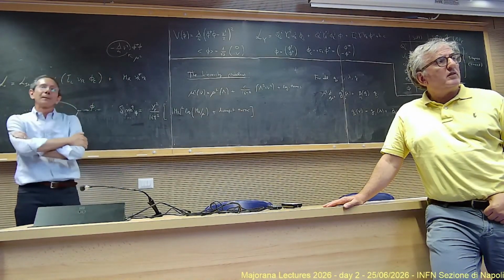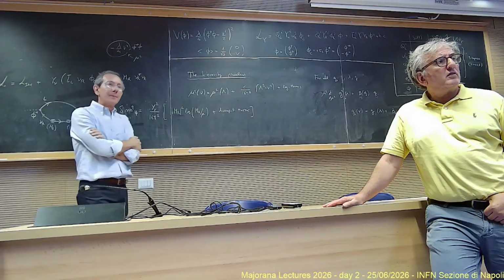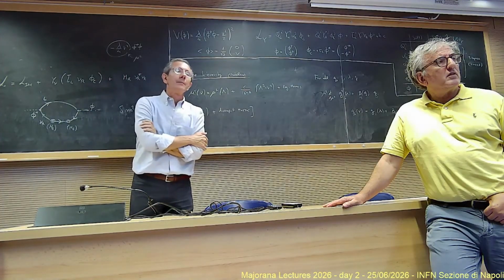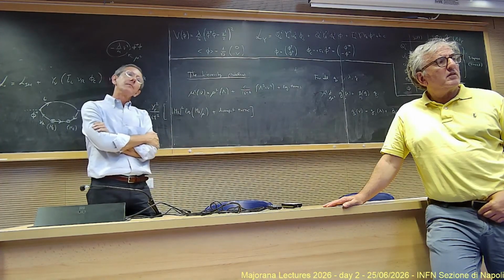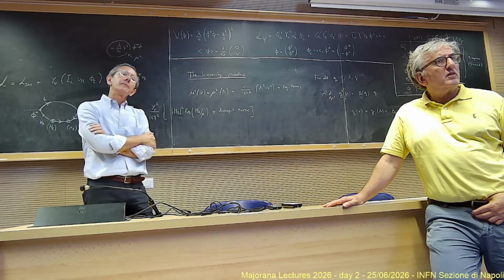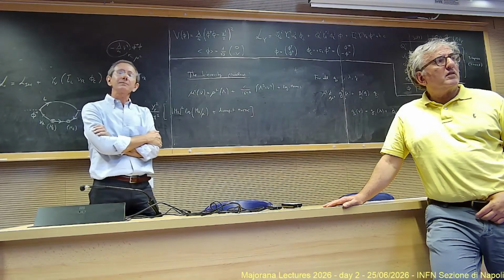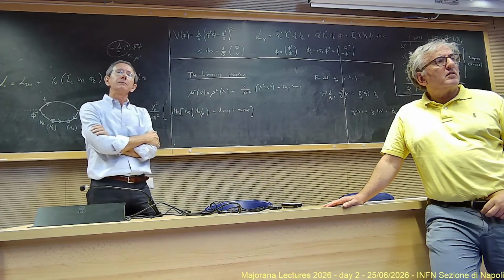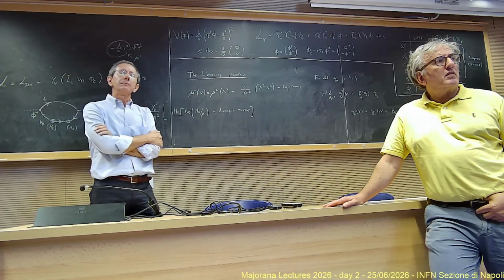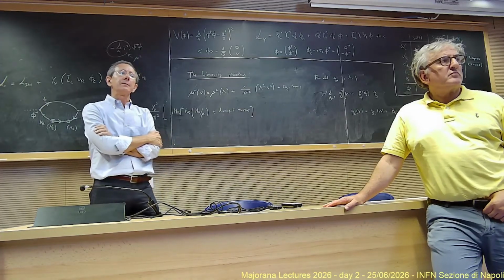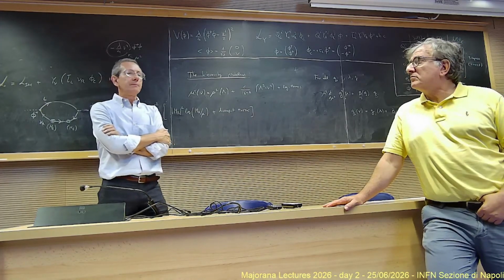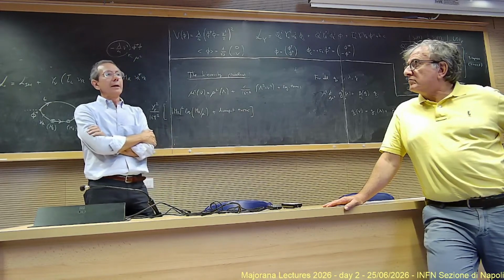Can you comment on the following: accidental symmetries that flow in a low energy theory can point to some gauge symmetry of a theory at higher energy? I'm thinking of B minus L. I think it might.